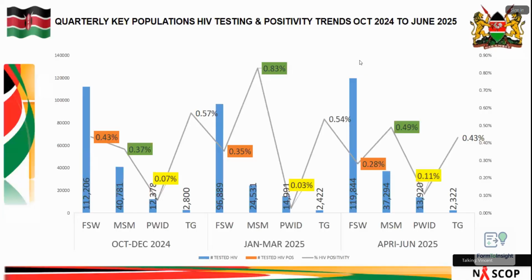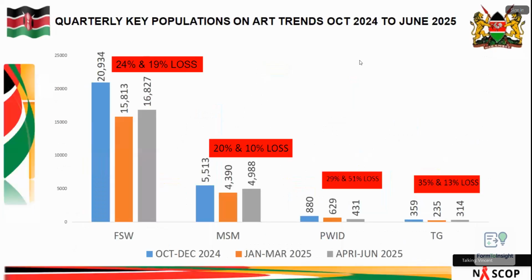Then PWID, it dropped and then rose in the quarter ending June 2025. And then for TG, it has also been dropping, from 0.5% to 0.43% as at the quarter ending June 2025.